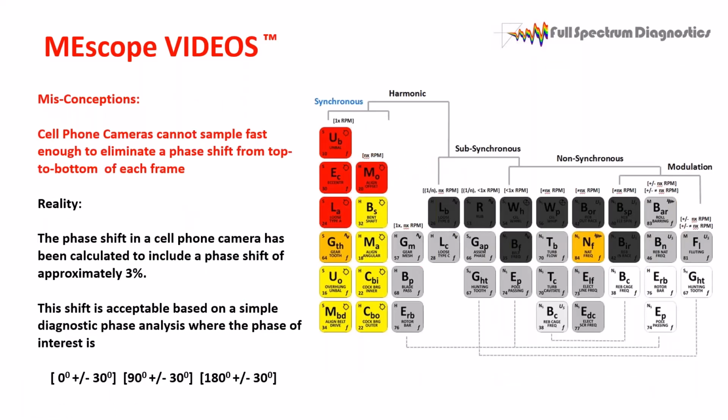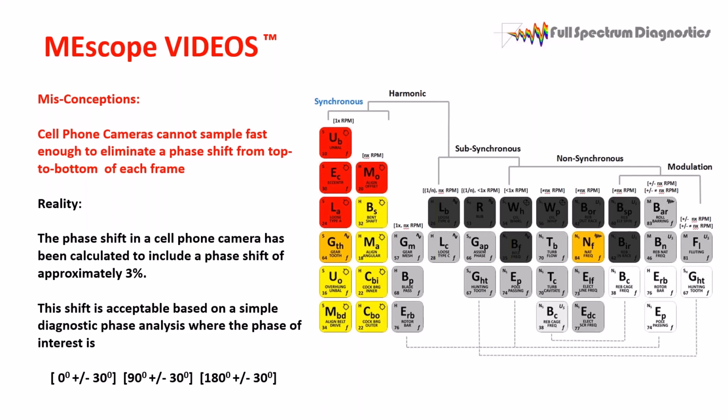Okay, there's a misconception that cell phone cameras cannot sample fast enough to determine a phase shift from the top to bottom of each frame. So they were thinking that the cell phone takes all the pixels simultaneously, which is not the case, which we confirmed. Yes, that's right, there is a little slew to it.